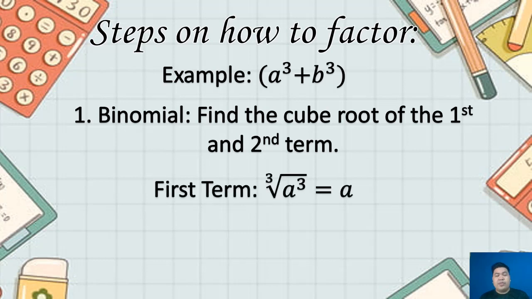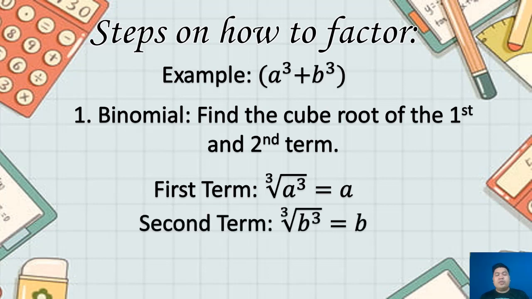The cube root of a cubed is a. Then for the second term, the cube root of b cubed is b. Now we have the extracted roots, a and b. Just copy the sign of the given, so now we have a plus b.